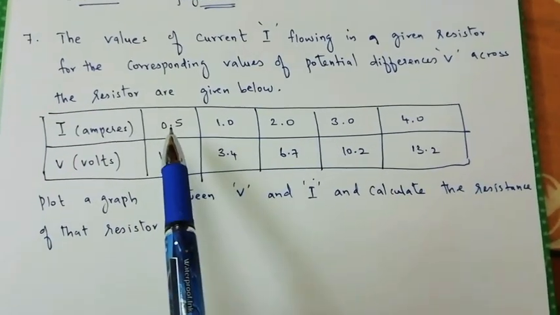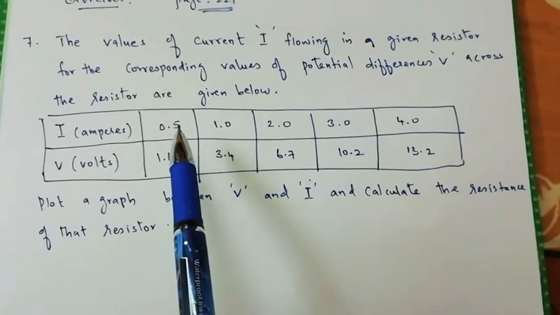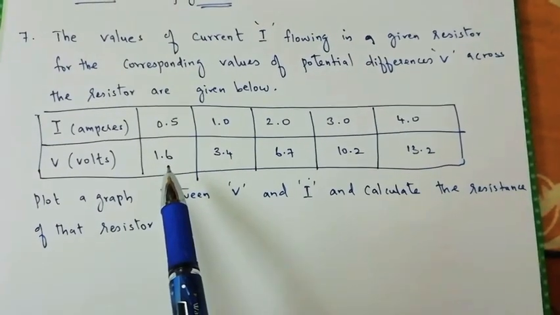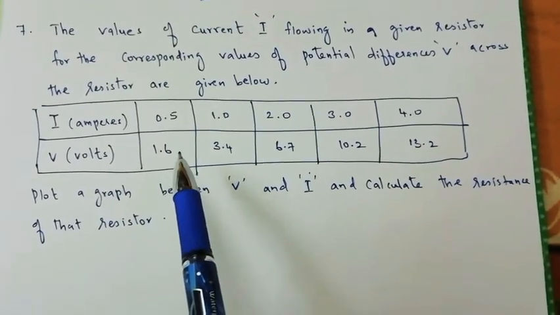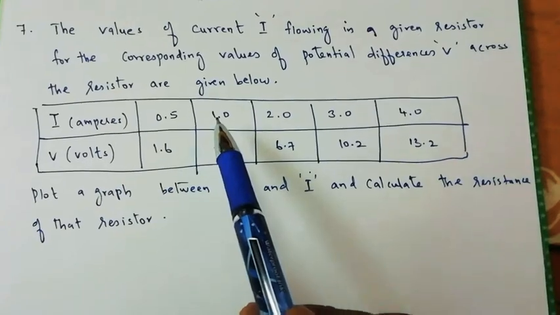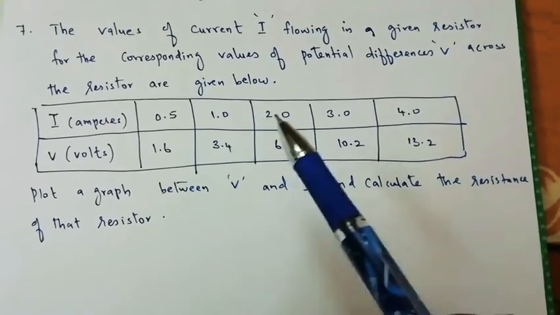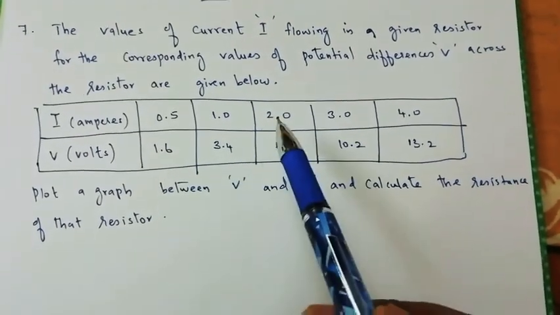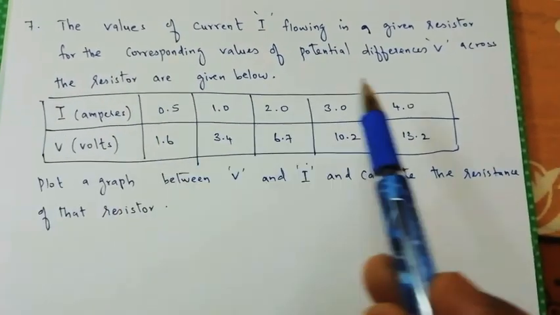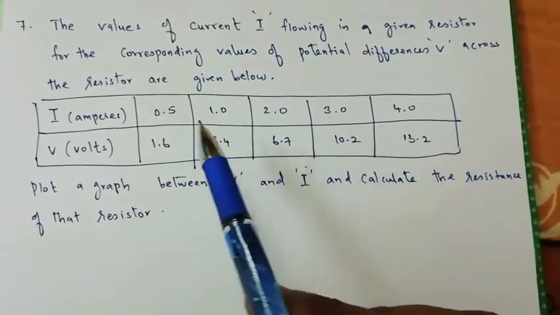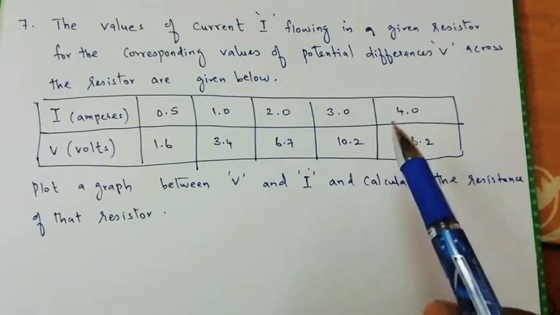For 0.5 amperes of current, it shows 1.6 volts of potential difference, and for 1.1 ampere it shows 3.4. So like that they have given some potential differences here.